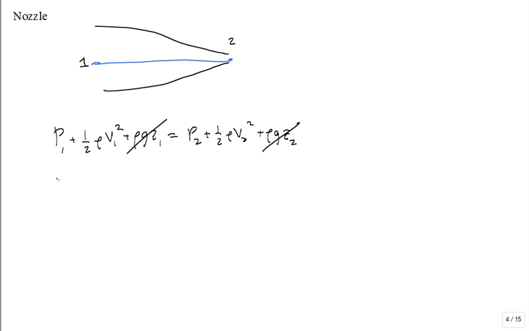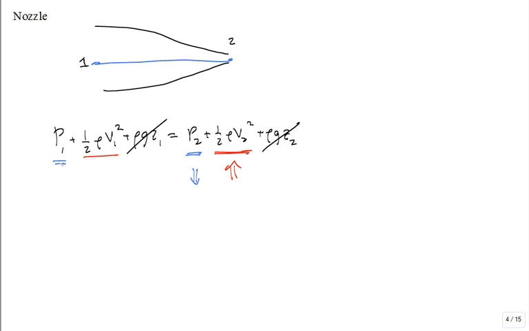So if I look at this equation, what about the speed at 2? Do you think it went up? Yes. Compared to the speed and the kinetic energy at 1, it went up. So what about the pressure at 2? Do you think it's going to go down such that the sum of P plus 1/2 rho V2 squared is the same as P1 plus 1/2 rho V1 squared?